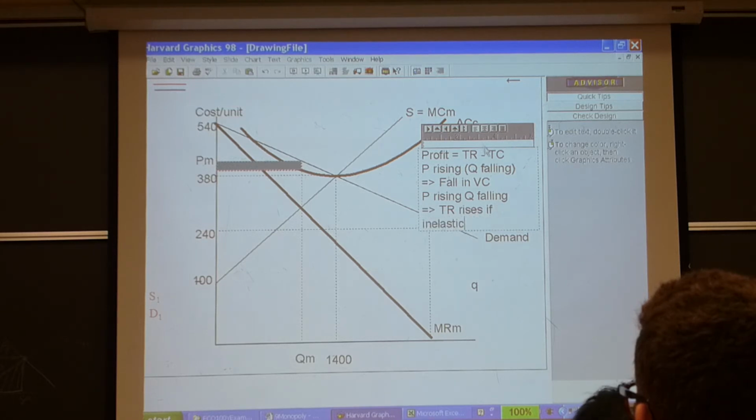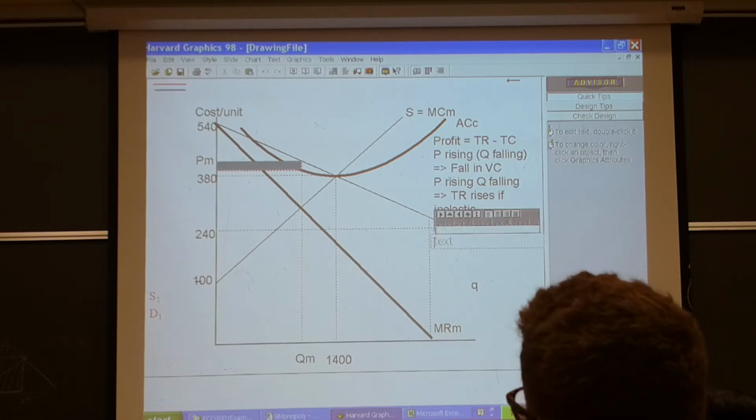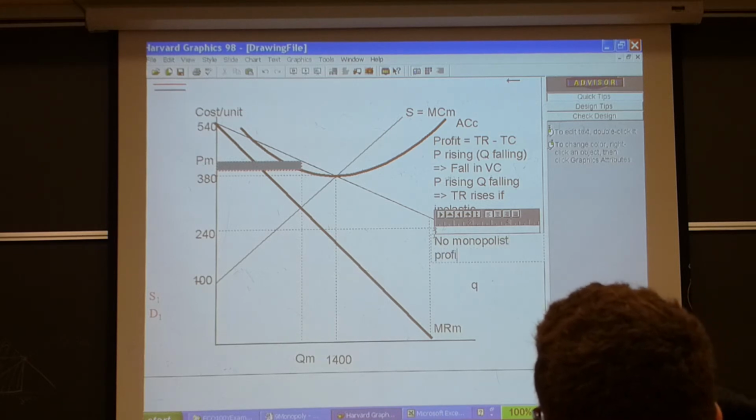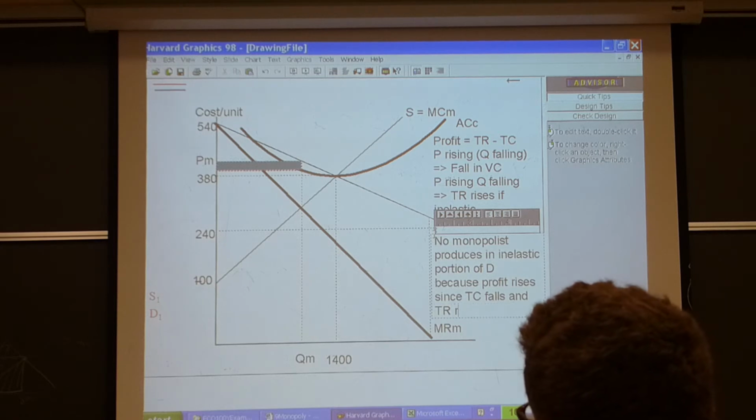So it turns out right here, number one, no monopolist produces in an inelastic portion of demand, because profit rises since total cost falls, fixed cost is fixed, and total revenue rises. Everybody? So the monopolist never produces in the inelastic region.